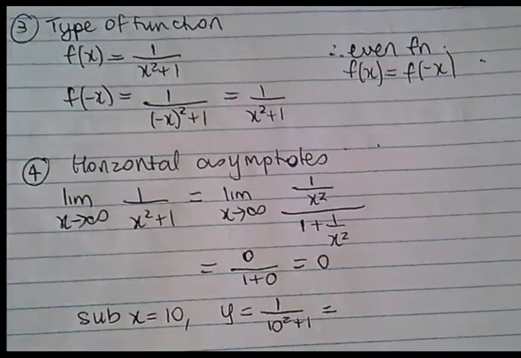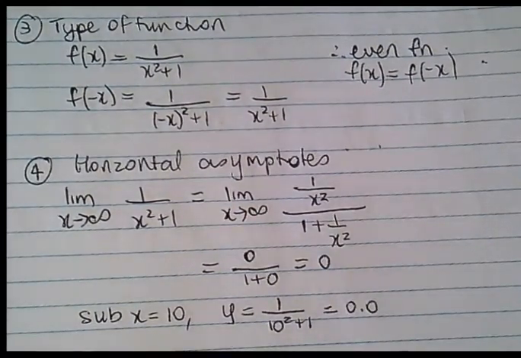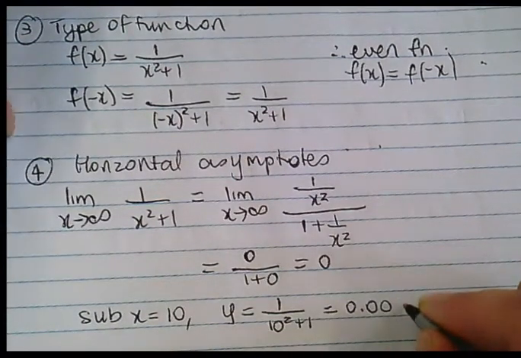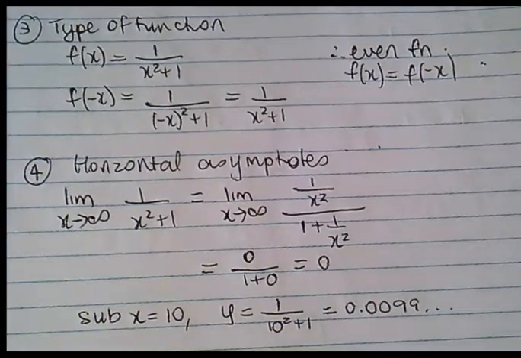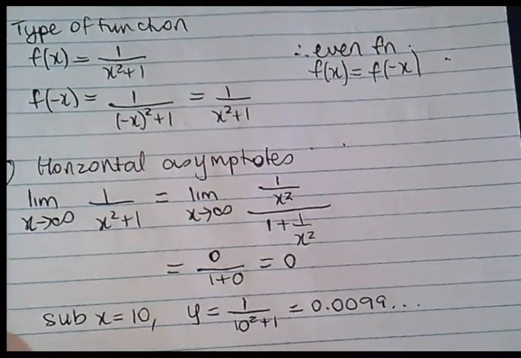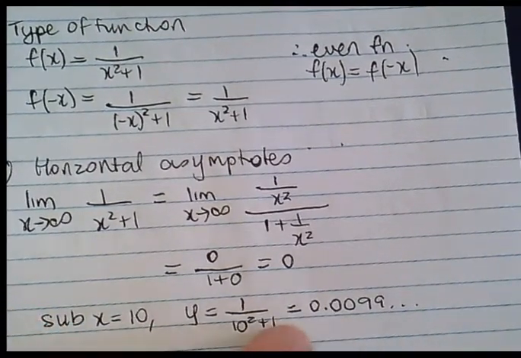It's 1 over 101, which is 0.0 something, 0.0099. It's approaching 0. That's very close to 0. Is it above 0? If it was below 0, it'd be negative.